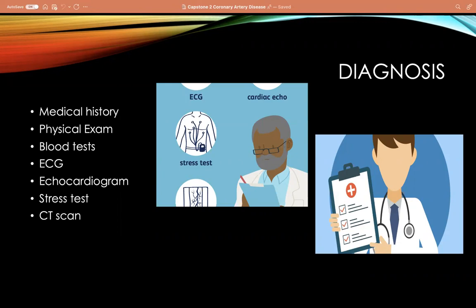The next test would be a CT scan, and the CT scan will help your doctor see if there's any calcium deposits in your artery that can narrow down the arteries. If this is discovered, then it is most likely that you will be diagnosed with coronary artery disease.